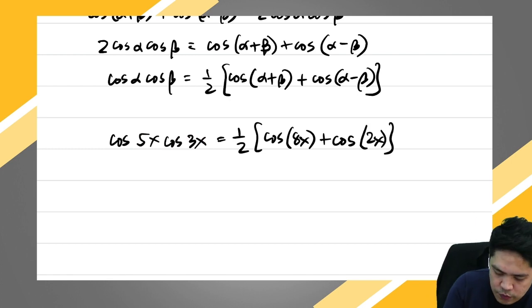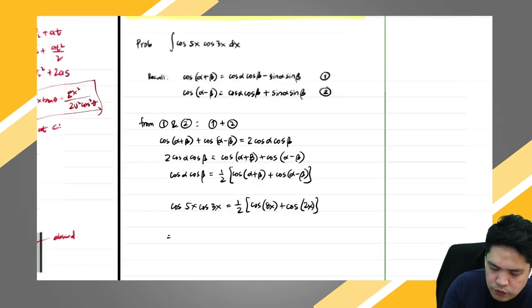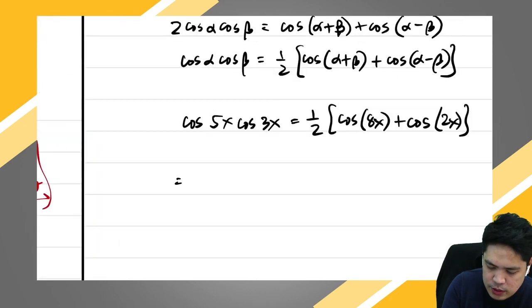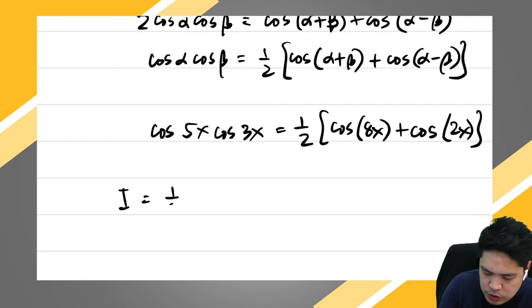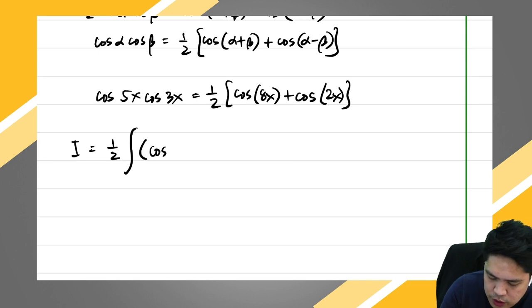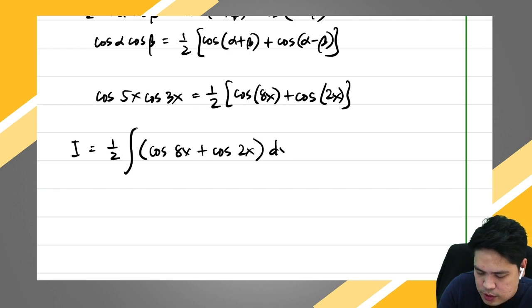That's it. Therefore, if we call the integral I, it is now equal to 1/2 times the integral of cosine 8x plus cosine 2x dx.